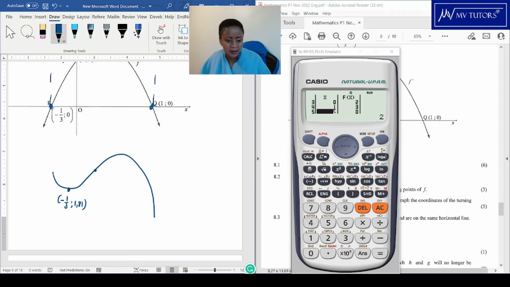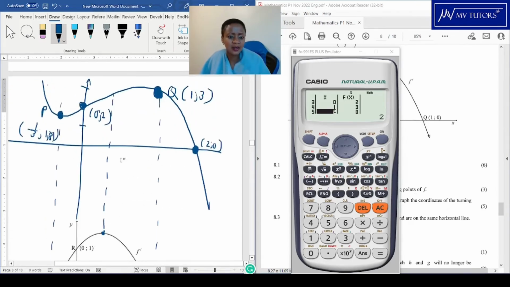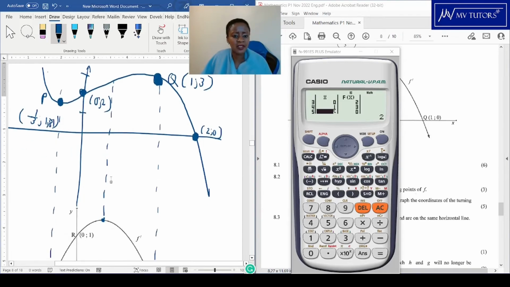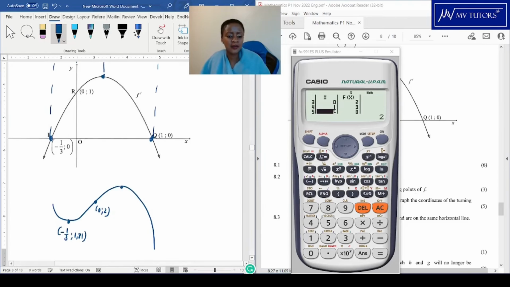Then we have the point of inflection, which is basically where it goes from concave up to concave down. Oh no, we don't know what the point of inflection is. Sorry. We didn't calculate for it, nor did they ask for it.